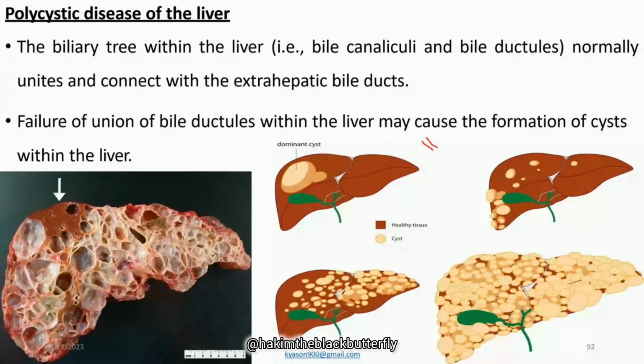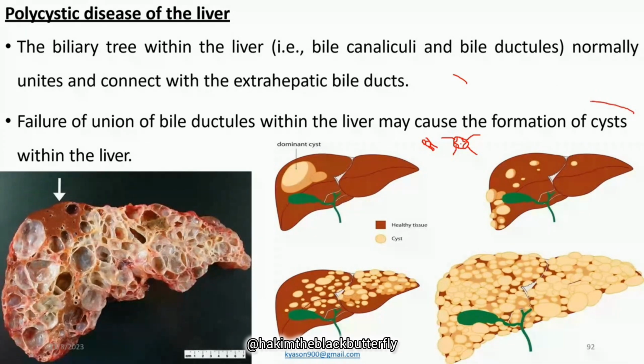Those cells over time are going to start producing fluid. That fluid will result into formation of a cyst. So these small cells around that bile ductule will result into formation of fluid, hence forming cysts within the liver.